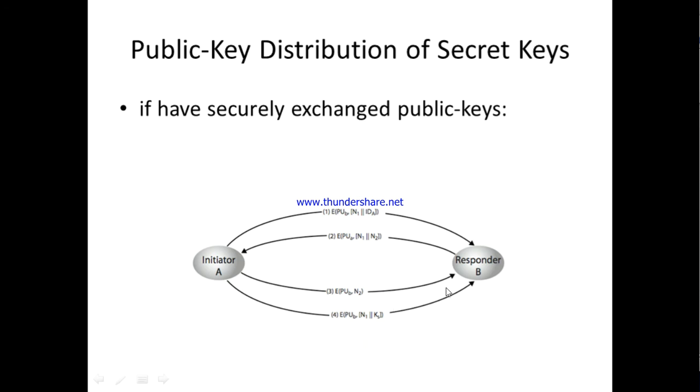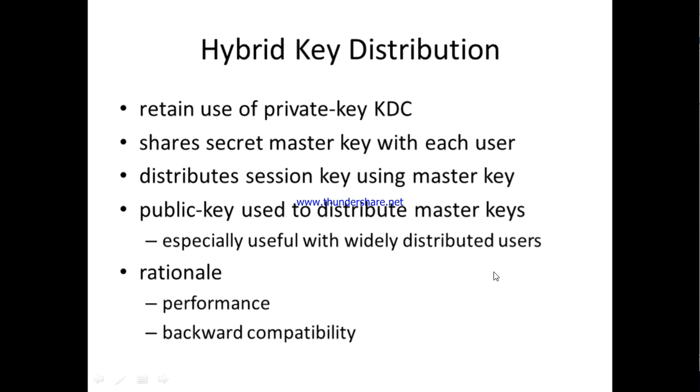Only B can decrypt this message, so only B gets the secret key. This is how the distribution can happen.